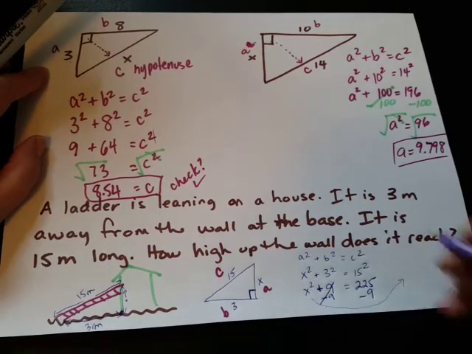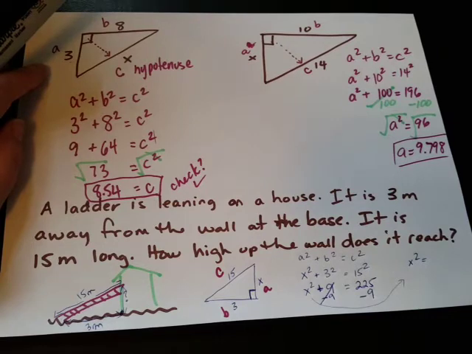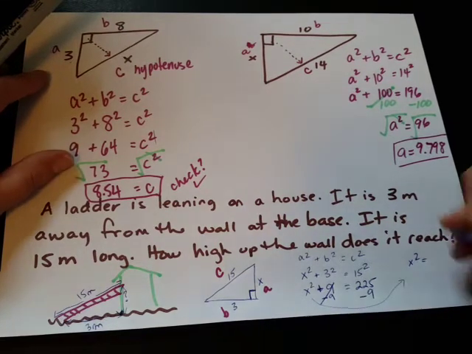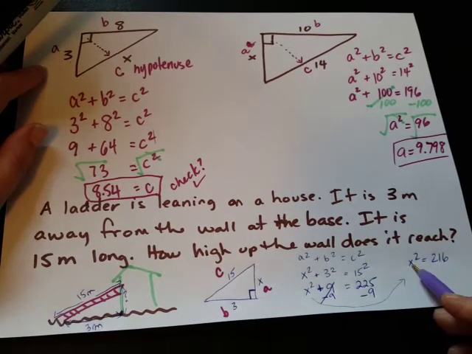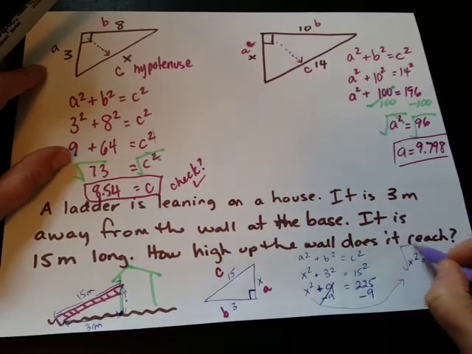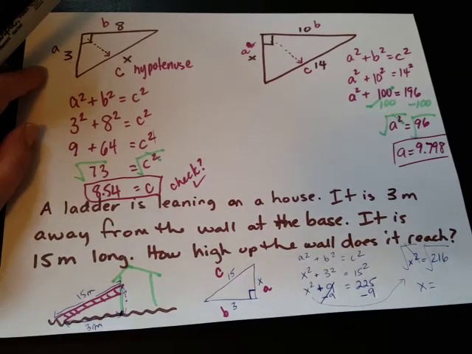I'm just going to continue my work over here. And in order to find one single x, I'll unsquare. So we can do the square root on both sides.